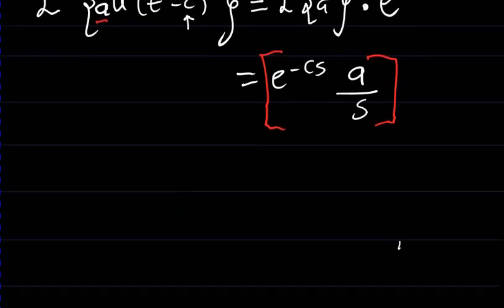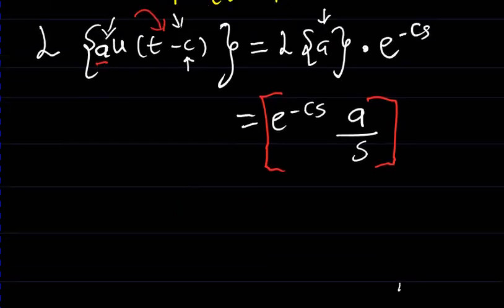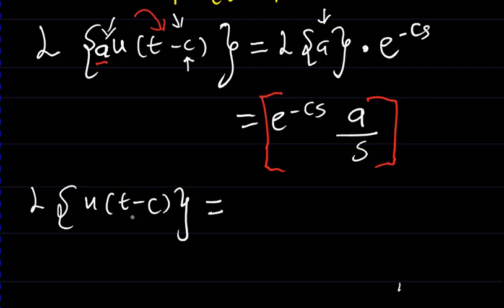So invariably, in the case where it is just the Laplace transform of u of t minus c, you know very well that the coefficient is 1.